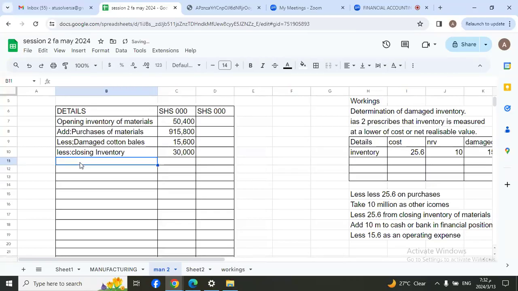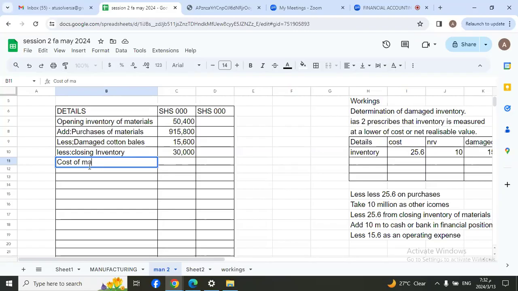It means we are lessing. When I make a mistake, please go on to correct me, because we are going to do the statement of financial position, and any wrong figure may affect it.